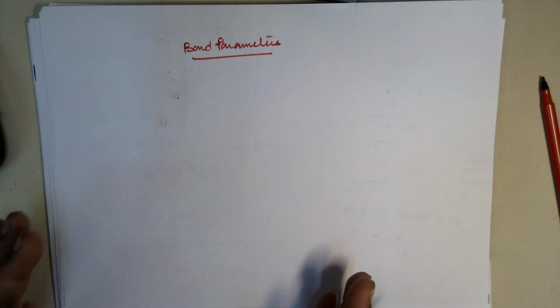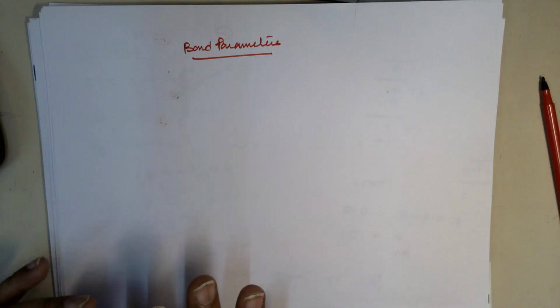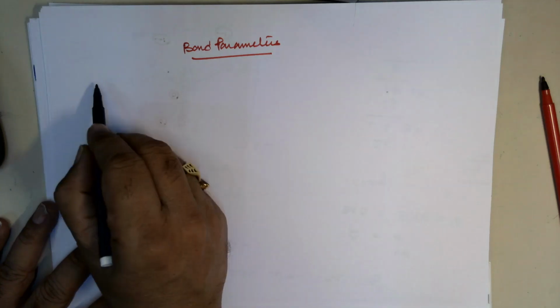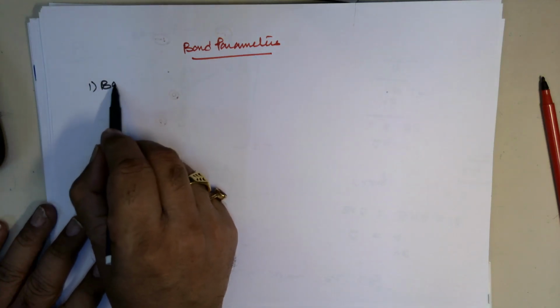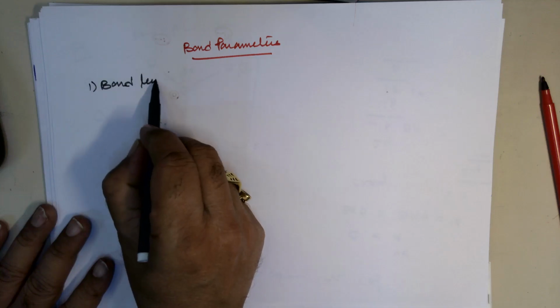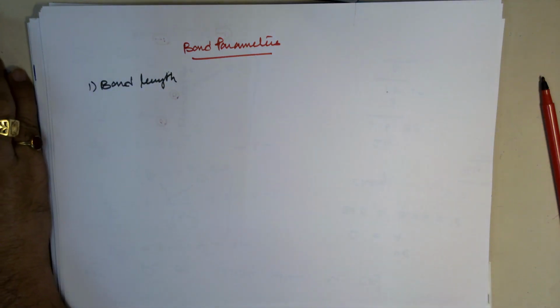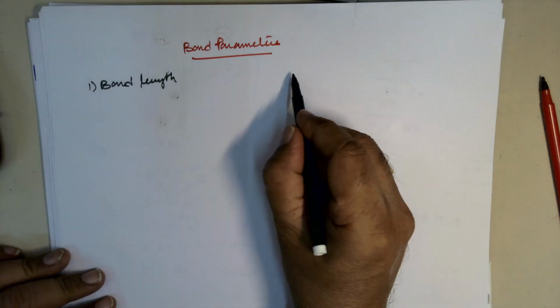That is, the properties exhibited by the kind of bond. So they can be called bond characteristics or bond parameters. And what are those? One, bond length. Two, bond angle.